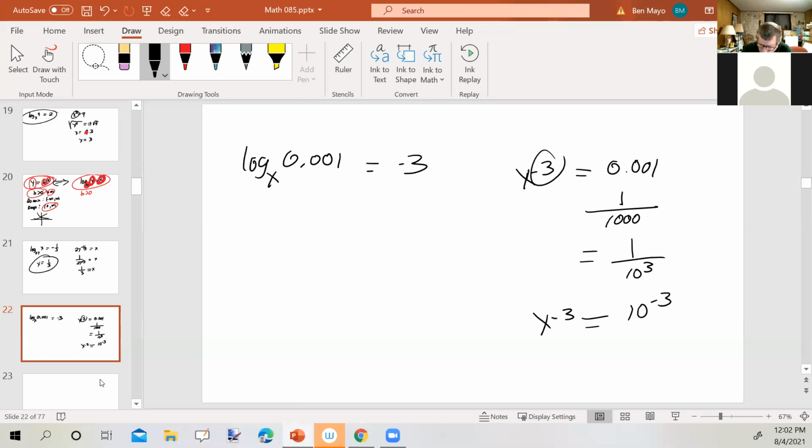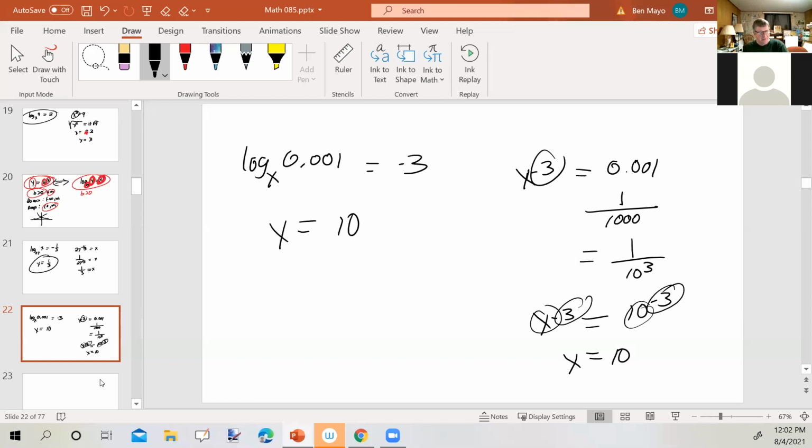So if x to the -3 power equals 10 to the -3 power, then x equals 10. Now, I'm using some ideas that we skipped in Math 93, so it's not like the -3's just disappeared, but we're not going to go into those details at this point. We're just going to say this: if we have the same exponent, then the base would be the same in this context. Okay? So x equals 10.